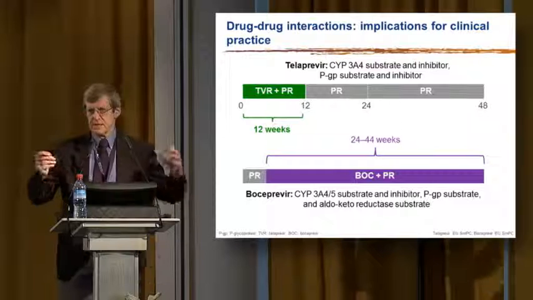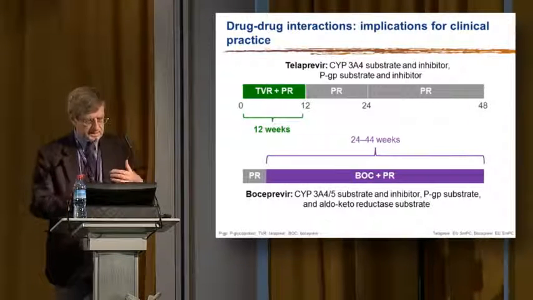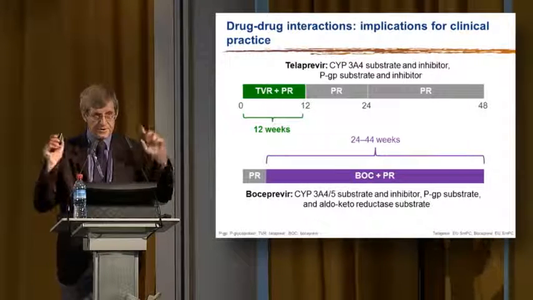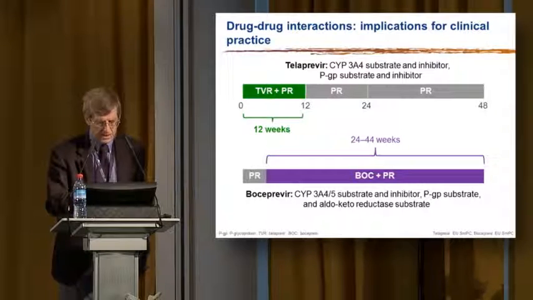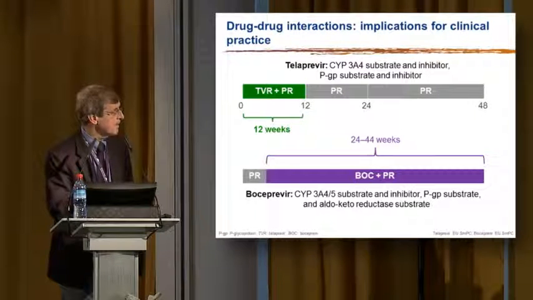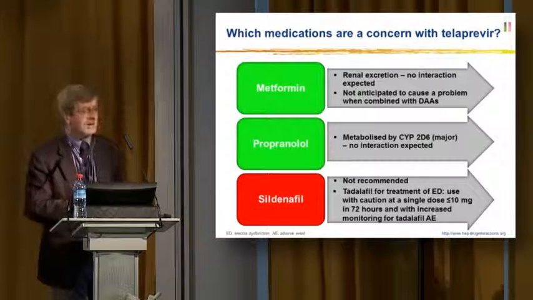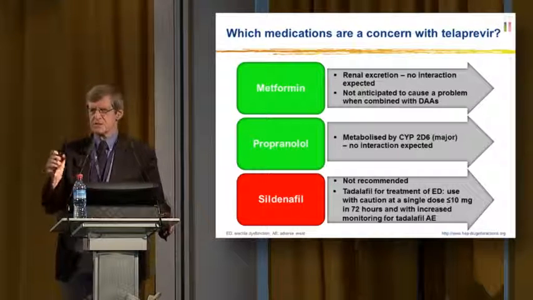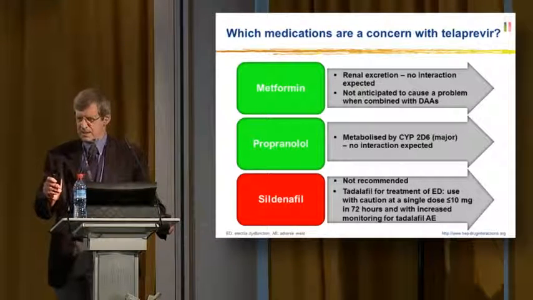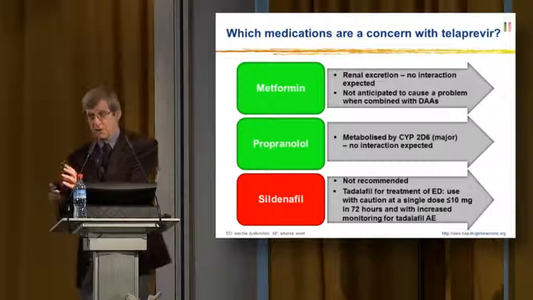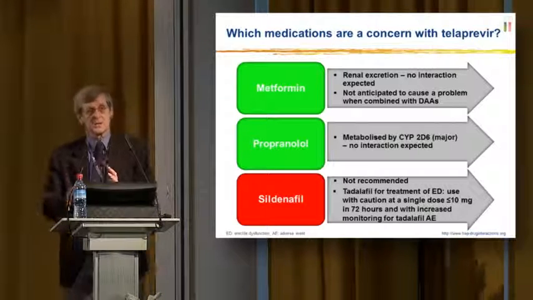So the consideration is which DAA, and the decision is to go with the shorter course therapy of telaprevir. Then we have to ask which medications the patient was taking would be a concern now that you are starting with telaprevir.